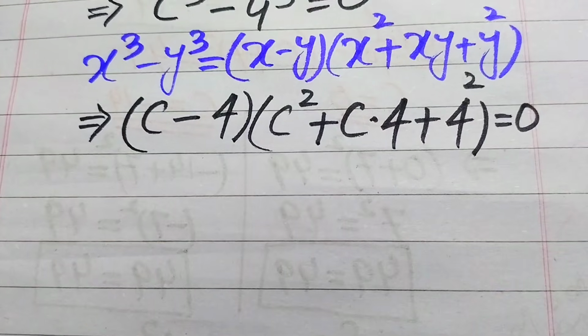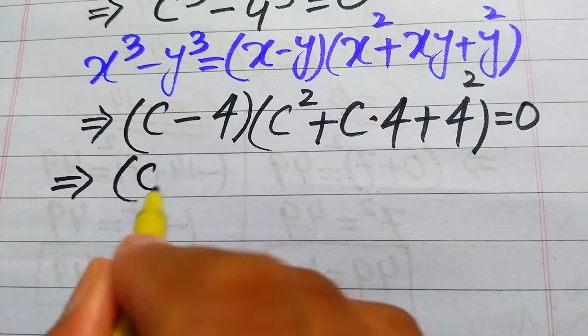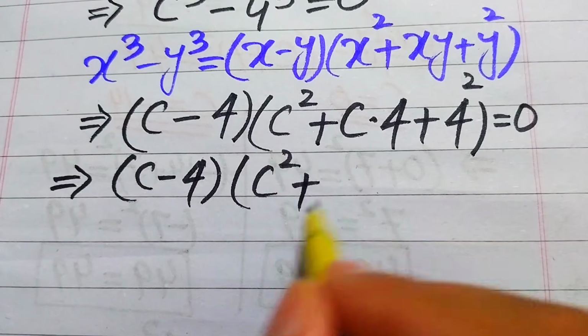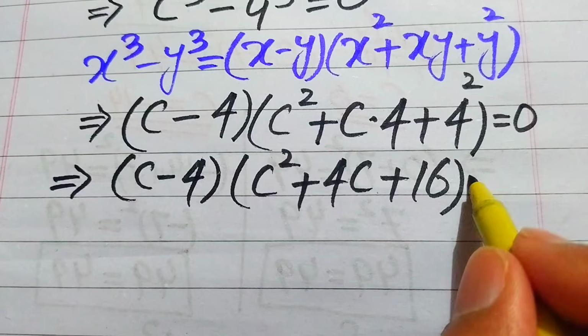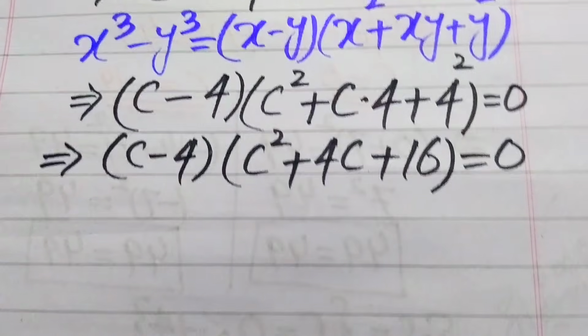And now in the next step we rewrite this equation as c minus 4 times c squared plus 4c plus 16, and this whole equation is equal to 0.